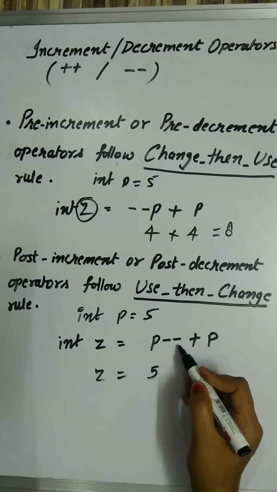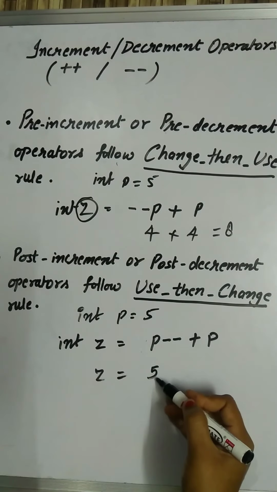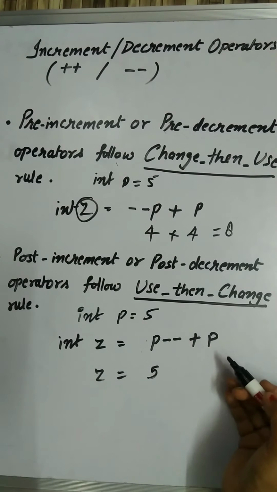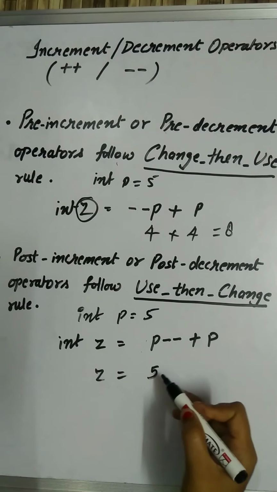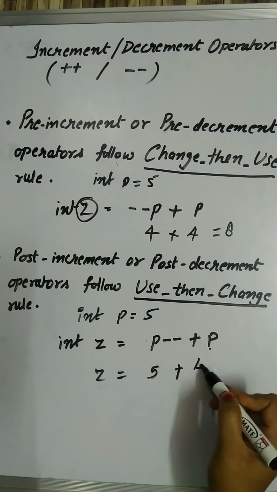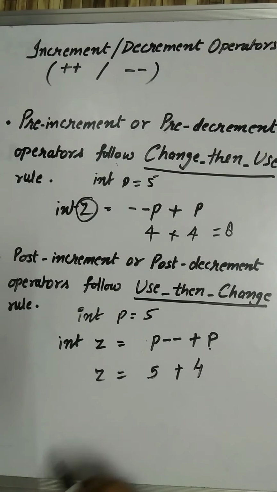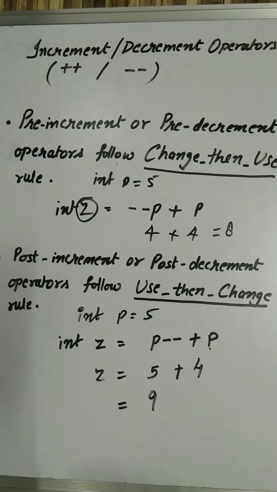With the post-decrement operator we take the initial value, then afterwards we decrease 1 from this value. Now 5 minus 1 is 4, so here the p value is 4. Okay. The z value is equal to 9. That covers pre-decrement, post-decrement, pre-increment and post-increment operators.